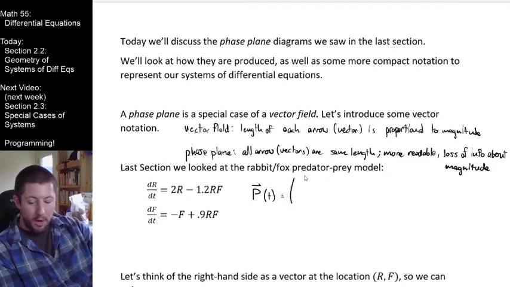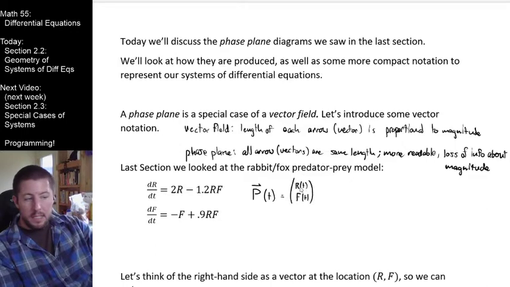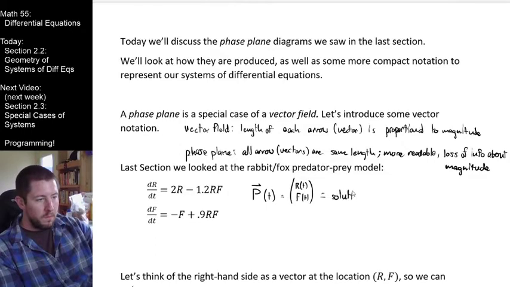And the vector that we're considering right here is the vector r of t, f of t. And since this is r of t and f of t, you should notice that's actually what our hope is to be able to solve for in this differential equation right here. So this would represent our solution curves. Right.